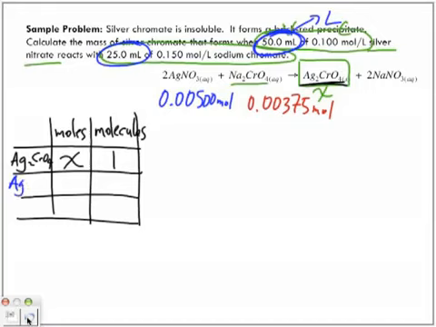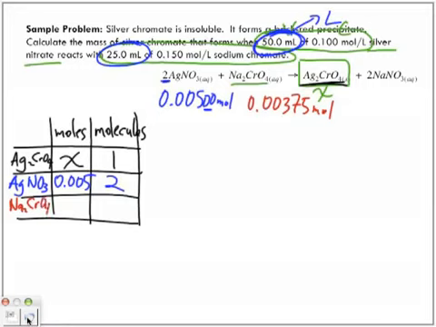Now let's look at our first one. We have silver nitrate, and we've calculated 0.005 moles, just including the 5 and without the 2 zeros, to fit it into my box here. How many silver nitrates do we have? We have 2 of them. And the other one is the sodium chromate.